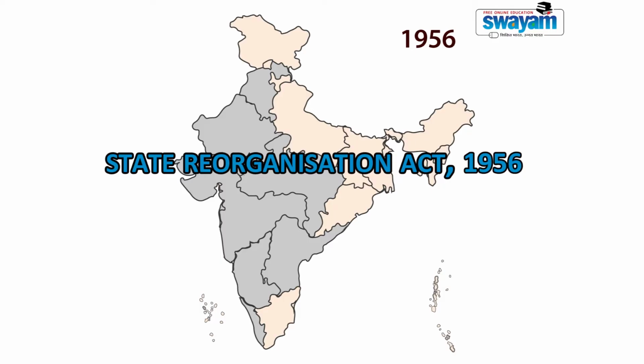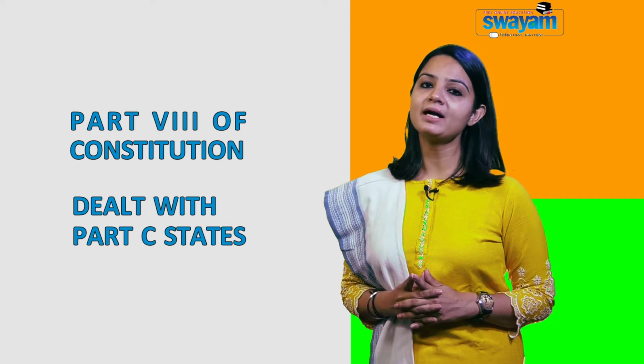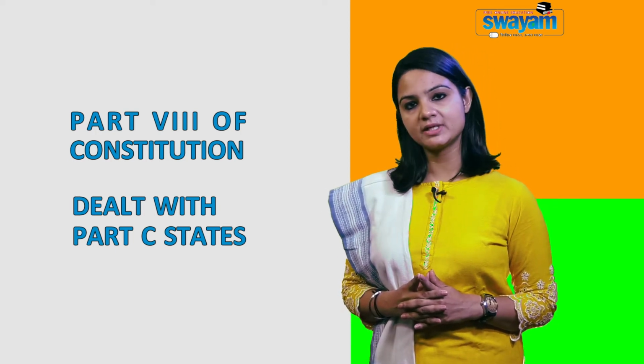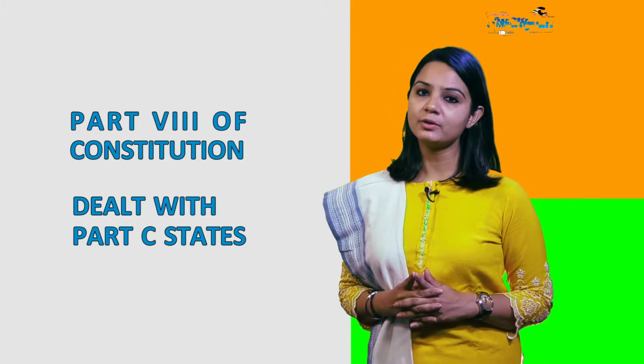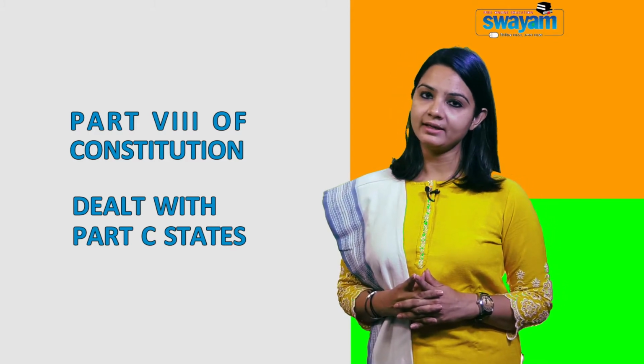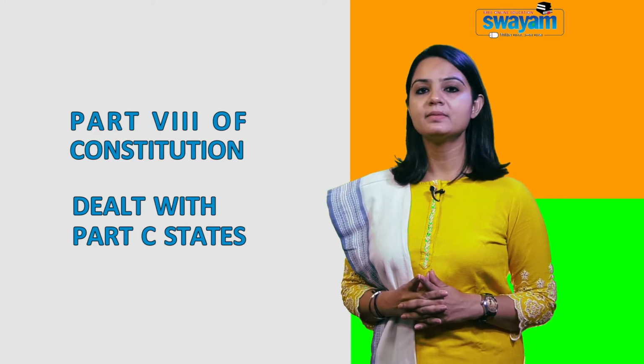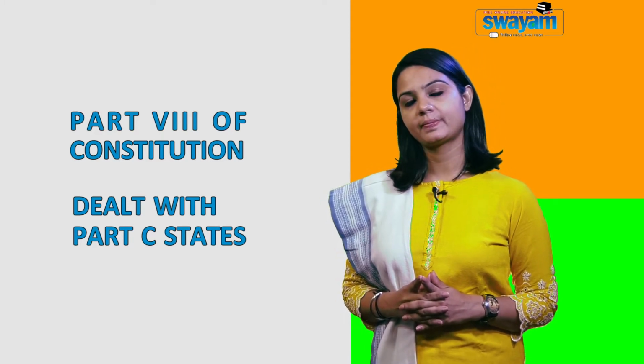It was after the States Reorganization Act, which was passed in 1956, that the Part C states ceased to exist. Some of them attained statehood, while on the other hand, some of them became union territories.